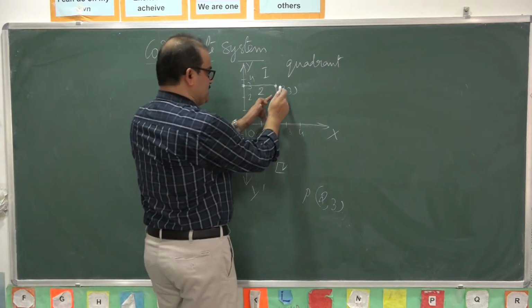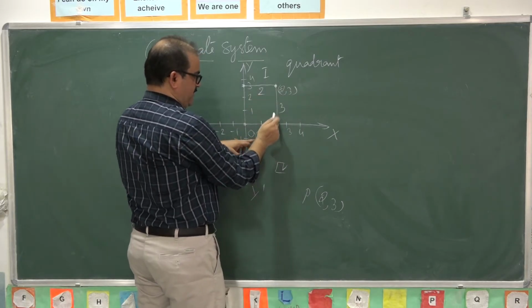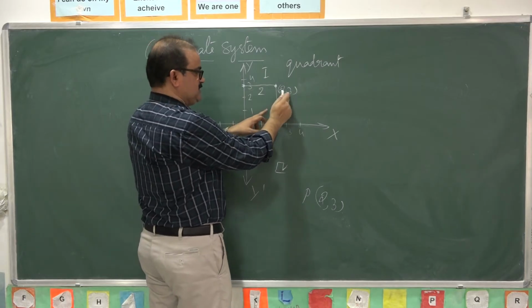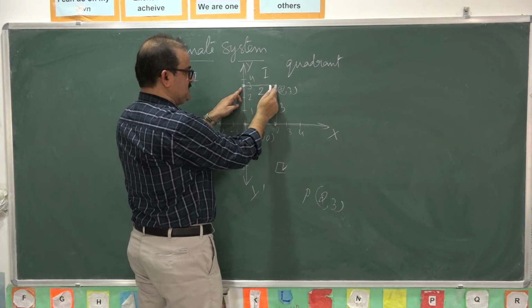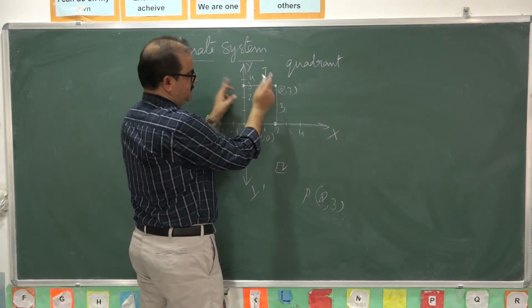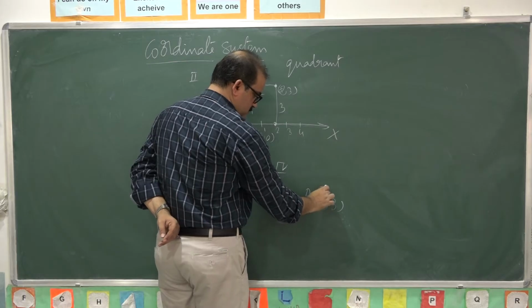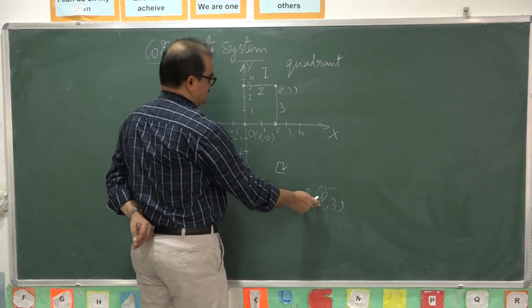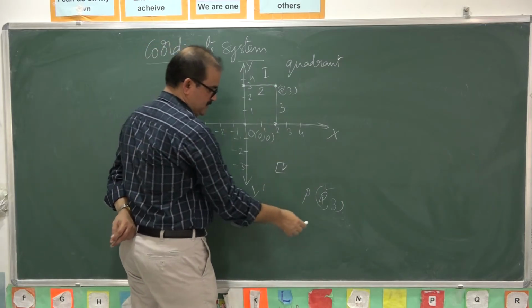Now the distance of this point (2, 3) from x-axis is 3 units. The distance of this point (2, 3) from y-axis is 2 units. So x coordinate is the distance from y-axis, because 2 is the distance from y-axis.